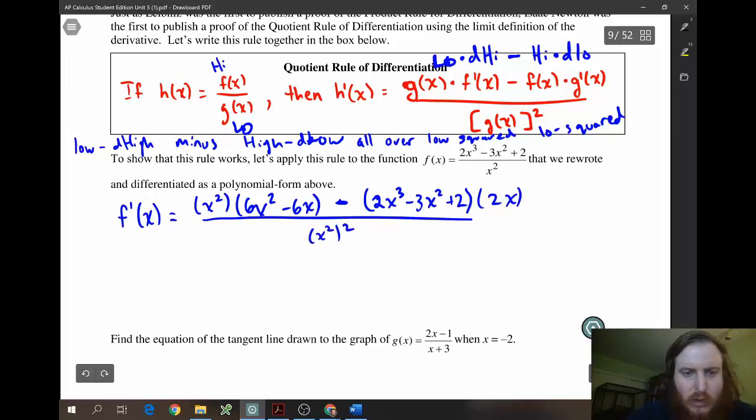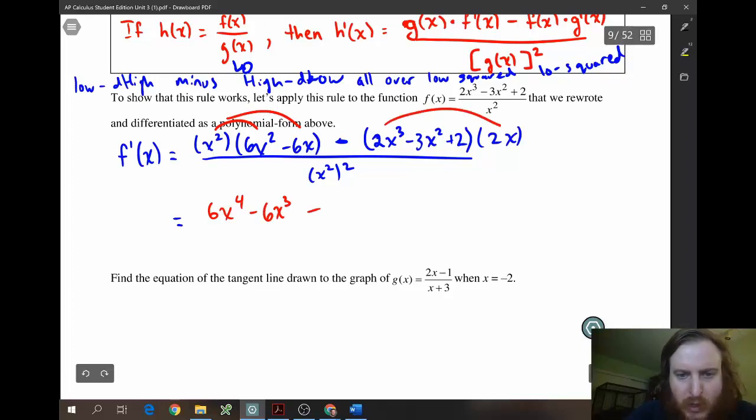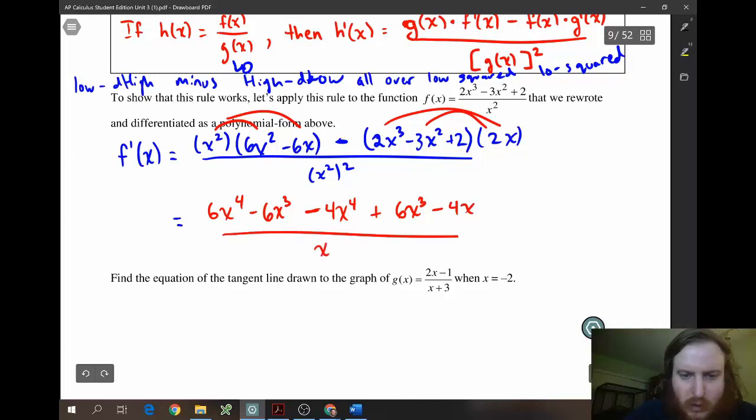The denominator squared. So now we can just basically distribute, and we get 6x to the fourth minus 6x cubed. Now we need to also distribute this negative sign. So minus, you want to be careful about this. Minus 4x to the fourth, then plus 6x cubed, and minus 4x, all divided by x to the fourth.